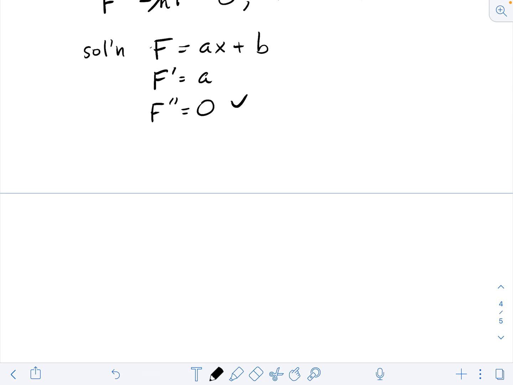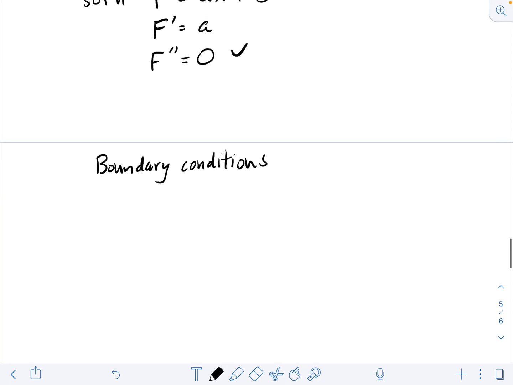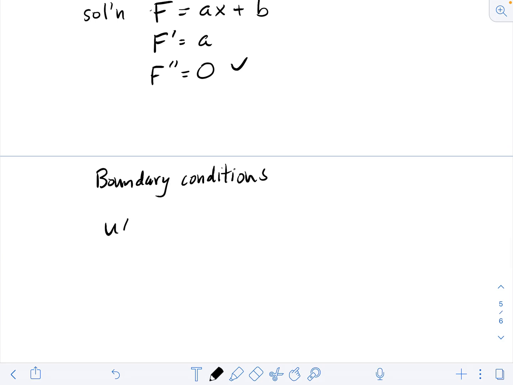Okay, so now we have the constants little a and b, and we need to use our boundary conditions to find their values. One of the boundary conditions is that at x equals 0, for t greater than 0, the temperature was T1, and so U is T1 minus T0.